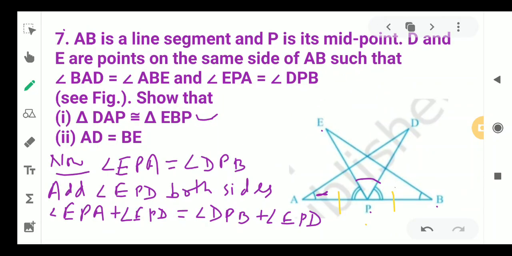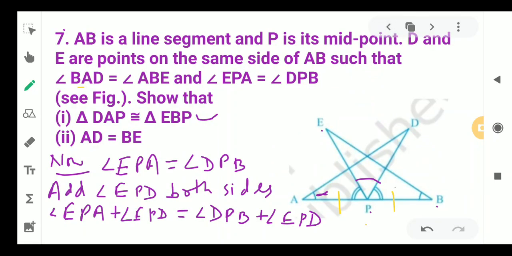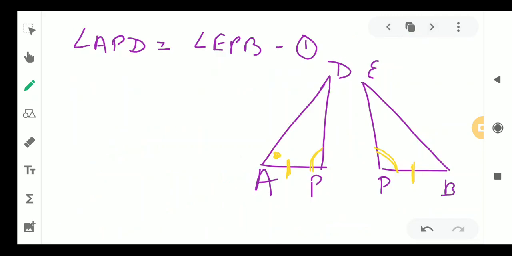Then it was given angle BAD equals angle ABE. BAD means angle A, and ABE means angle B. These two angles are given equal, so angle A equals angle B. So we have separated the two figures, and now we see angle, side, angle. So we can say by ASA, these two triangles are congruent.